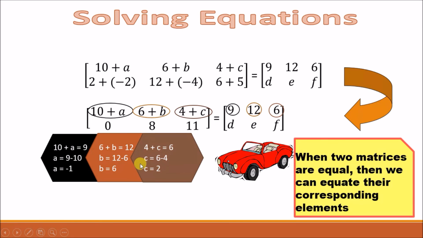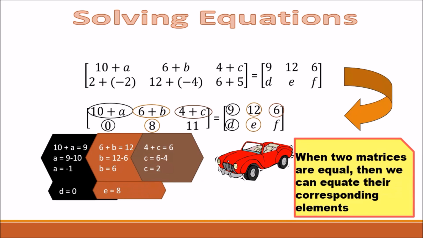Solving for C, we get the value of C equal to 2. In the same way, 0 and D are also corresponding. Therefore, D equal to 0. With the same reason, E is equal to 8 and F equal to 11.